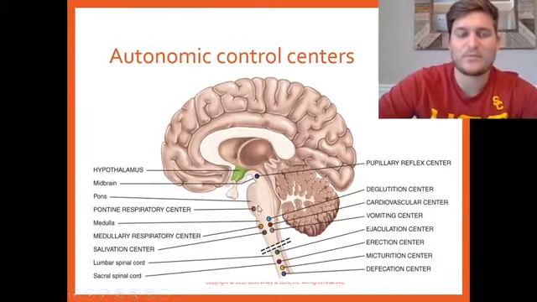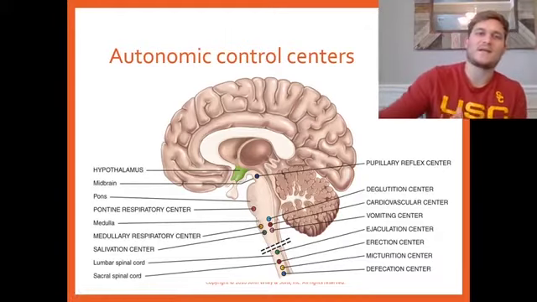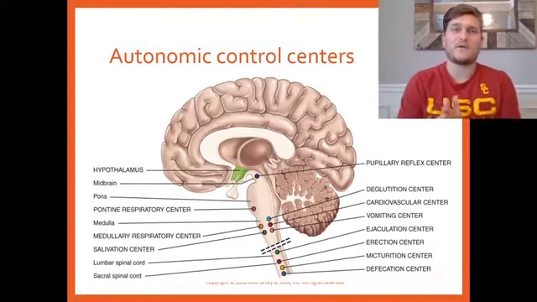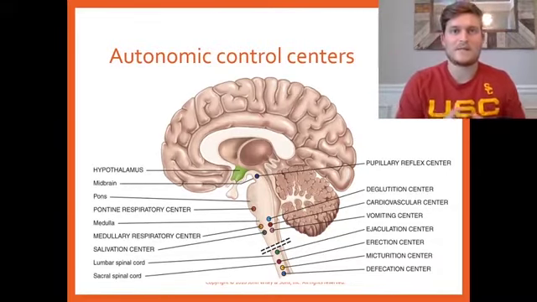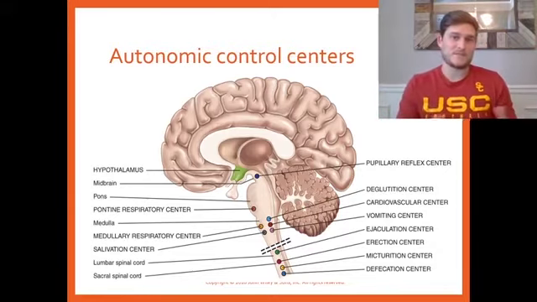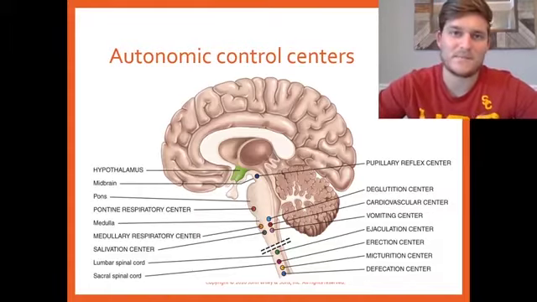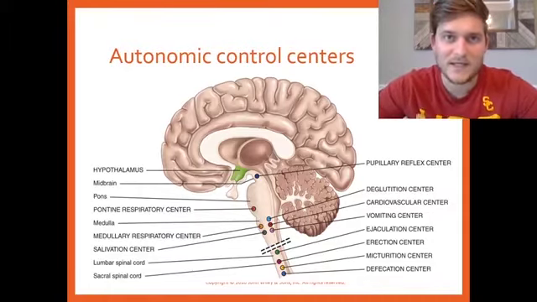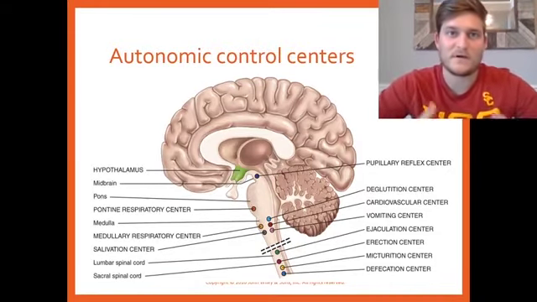So these areas of the brain are going to dictate, should we increase sympathetic signaling at this area, or should we increase parasympathetic signaling at this area? And these areas of the brain are basically going to balance the parasympathetic and sympathetic messages based on what is going on. We have to keep in mind that parasympathetic and sympathetic signaling at these cells are going to mean different things depending on where those neurotransmitters are binding.